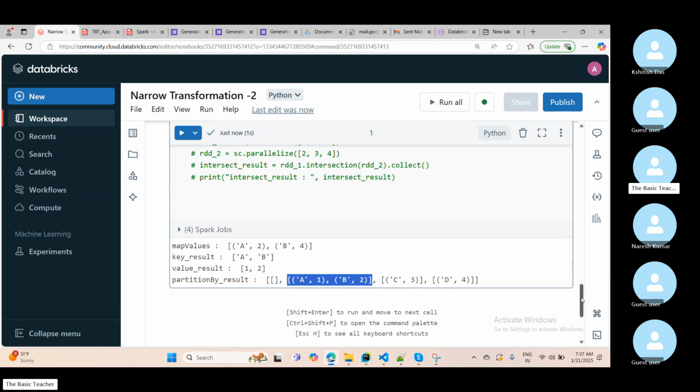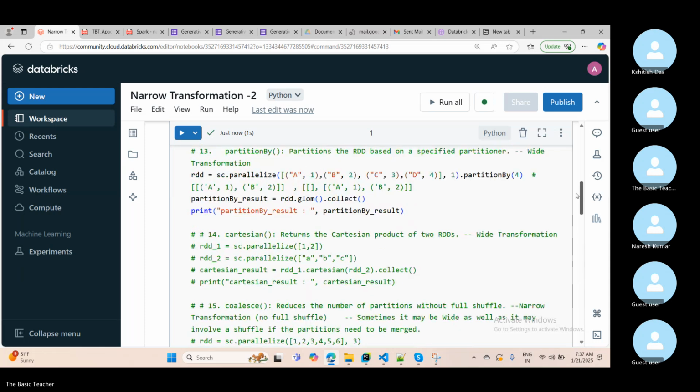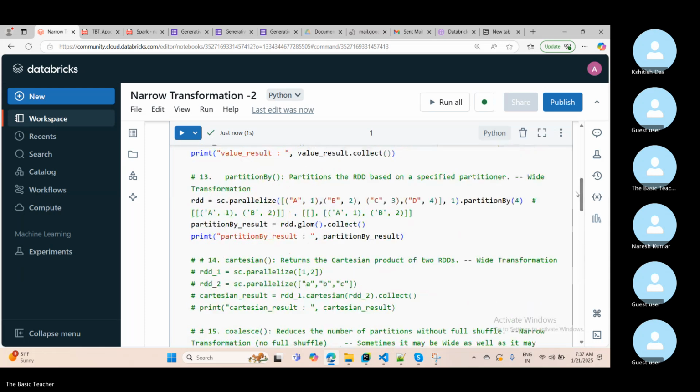What was next? Okay, here we have glom, right? RDD data glom I had taken. So glom is used when we want to inspect the elements of each partition in an RDD by grouping all the elements in a partition into a list.